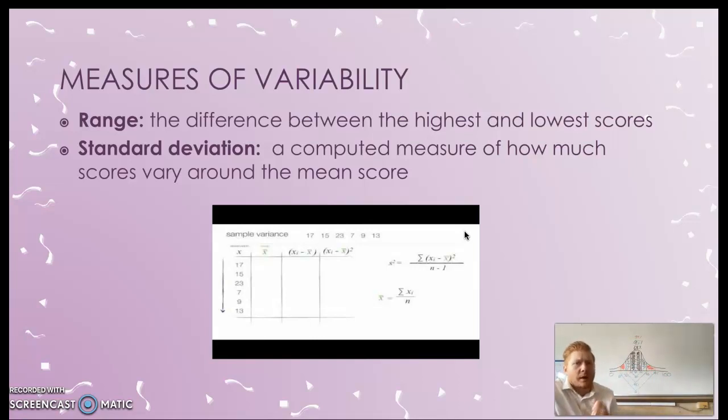It just talks about the average distance to the mean. You won't need to do the math on the day of the exam. You just need to know what it means and how to interpret it. So we will do a little practice together where you will find the standard deviation just so you have practice doing it. But you won't actually have to do this on the day of the exam. So that's good, no math.